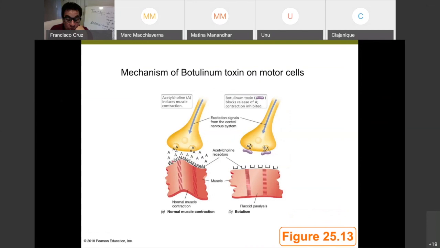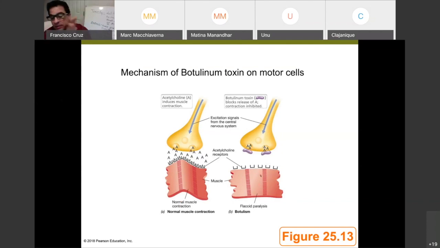Acetylcholine binds to the muscle cell and a contraction occurs. This is normal. Neuron, acetylcholine, binding, muscle contraction. What happens with botulism is that botulism blocks the release of acetylcholine from the motor neuron. And without acetylcholine, the muscle does not contract.